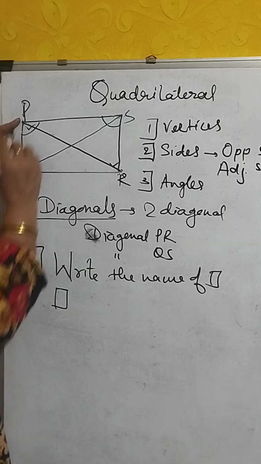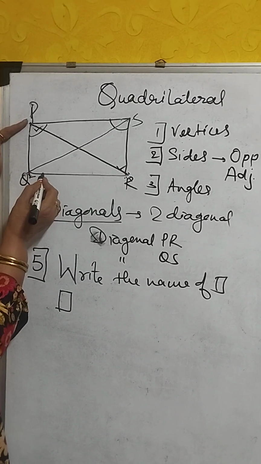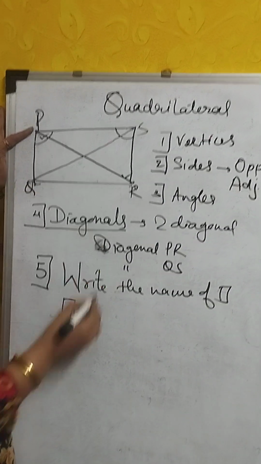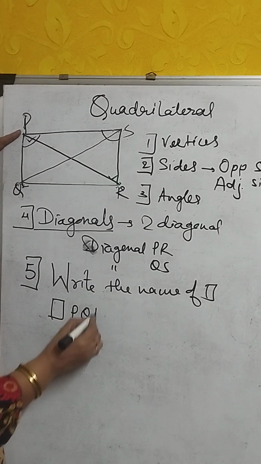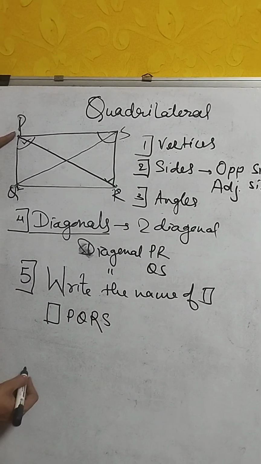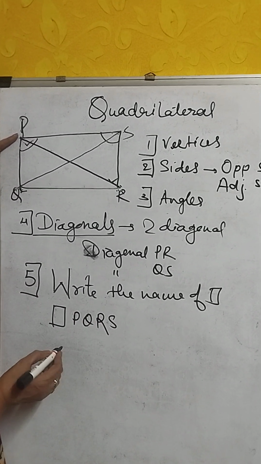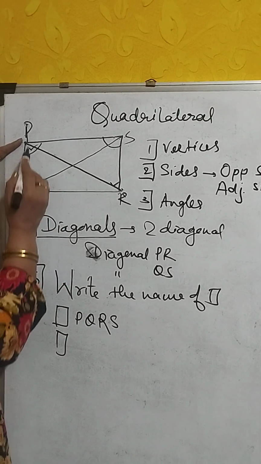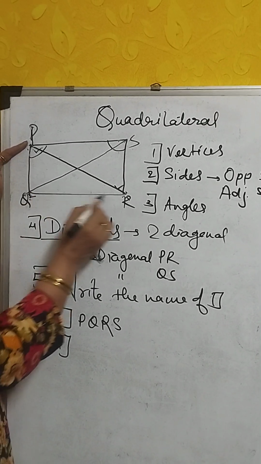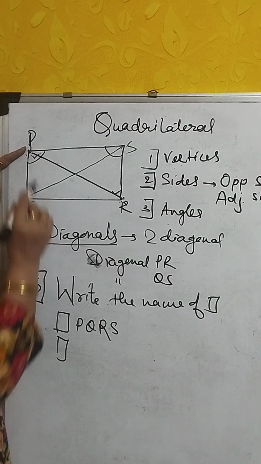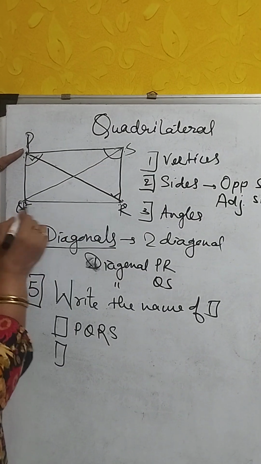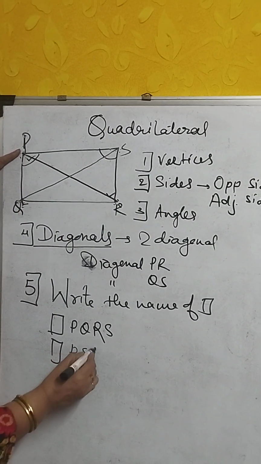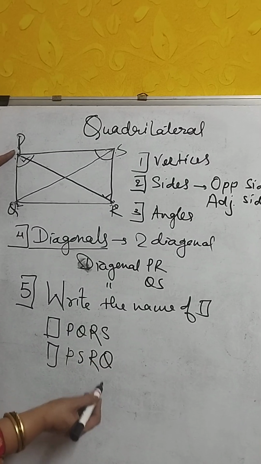Starting from P clockwise, starting from P anti-clockwise, that is PQRS. Then quadrilateral, first PQRS, anticlockwise then PSRQ. This question also comes in exam.